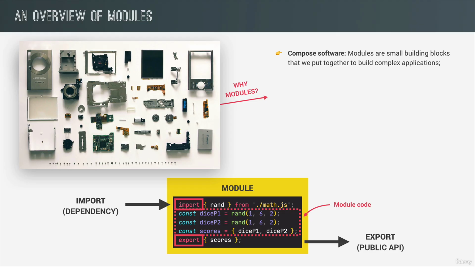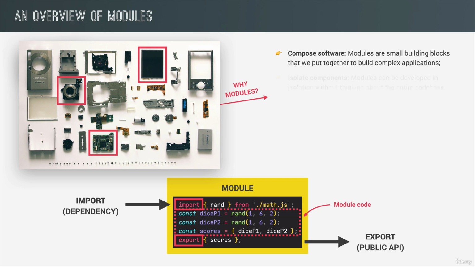Another big advantage of these camera modules is that each of them can be developed in complete isolation. So you can have one engineer working on the lens, and another one on the screen, and even another one on the controller module. And the best part of this is that each engineer can actually work on their own module without even understanding what the other engineers are doing, and also without understanding how the entire final camera works itself.